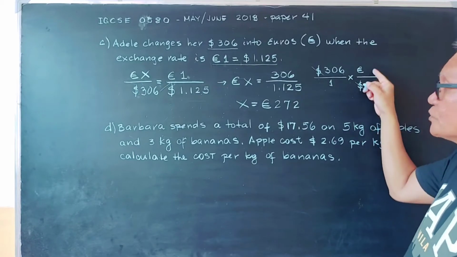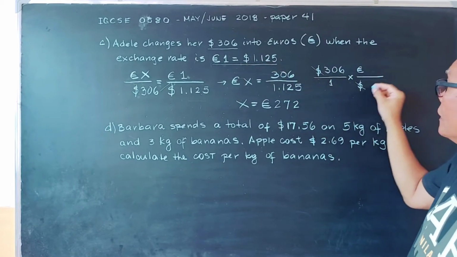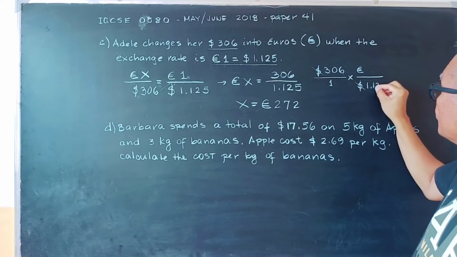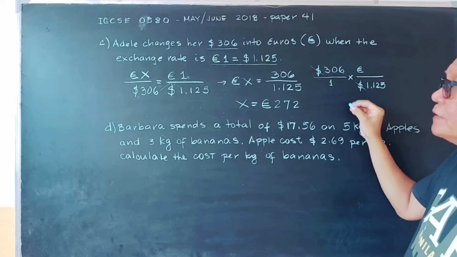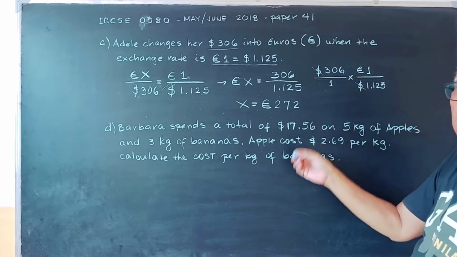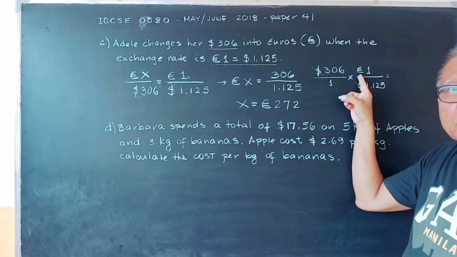Now we put the conversion here, that 1 and 1.125. The 1.125 goes with the dollar, and then that euro is 1. And then we just multiply. So what remains is the unit of euros.